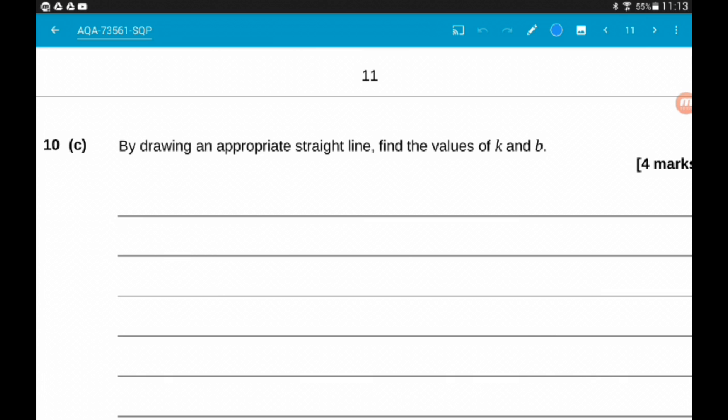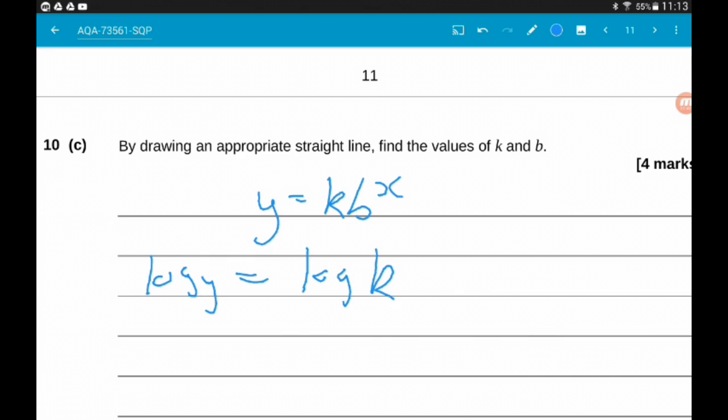The graph is in terms of log y, so we need to turn y equals k b to the x into log form. So log both sides: log y equals log of k b to the x.